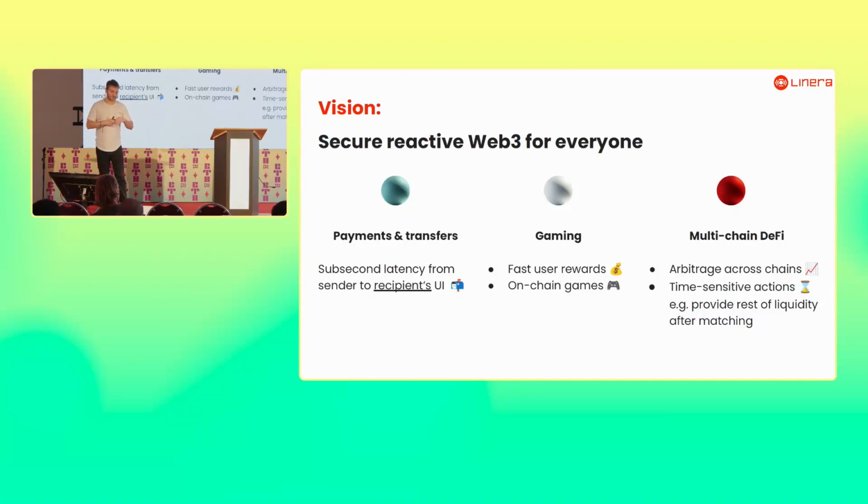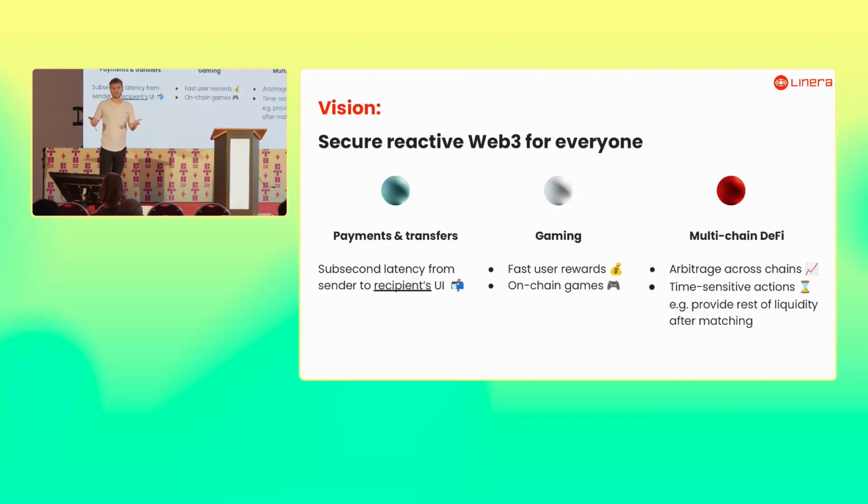But we know also the world has changed, and now we have a lot of chains that are running. And so it's more likely that when you want to do DeFi nowadays, you want to interact with multiple chains in parallel. So now imagine if you had a reliable and secure notification system to provide you with notifications about your different trades, your different ongoing positions with the different chains.